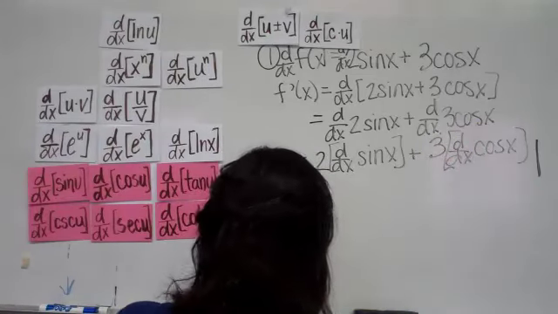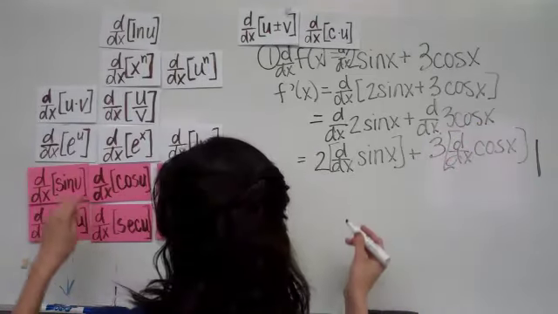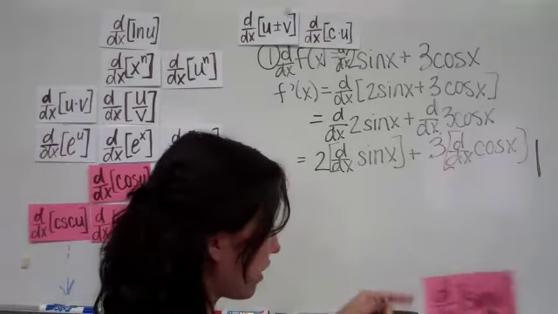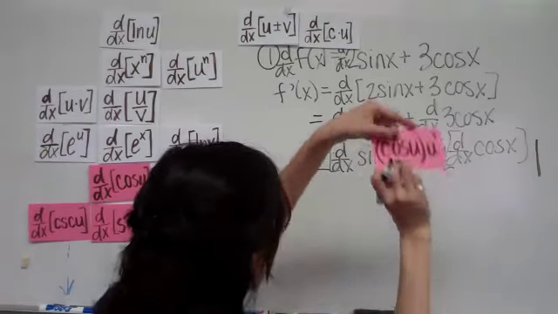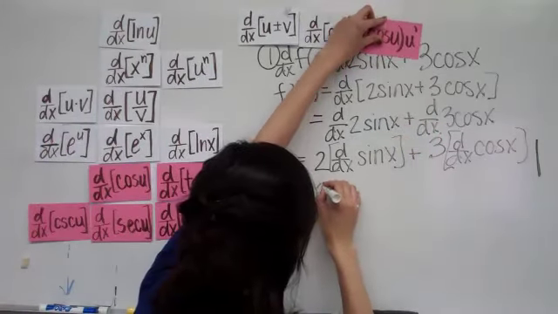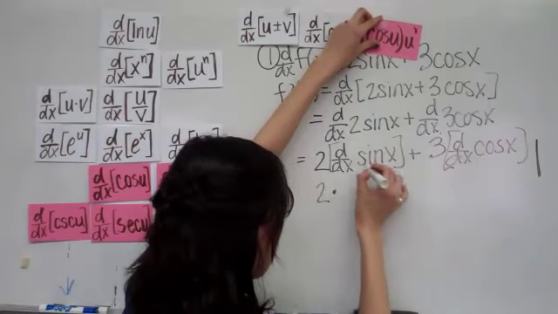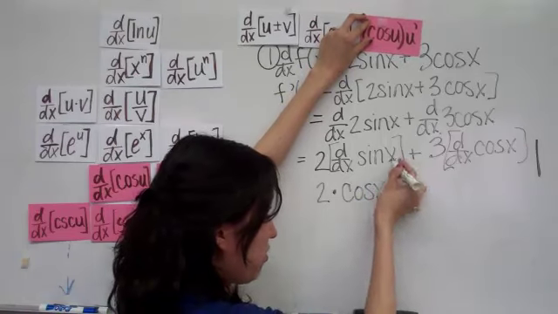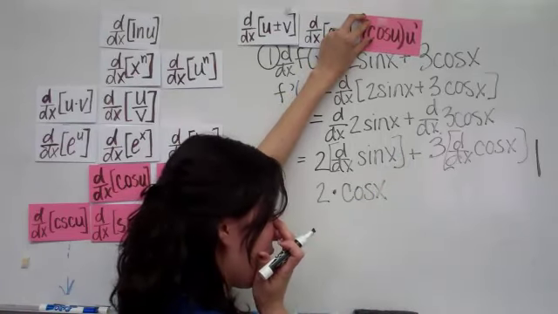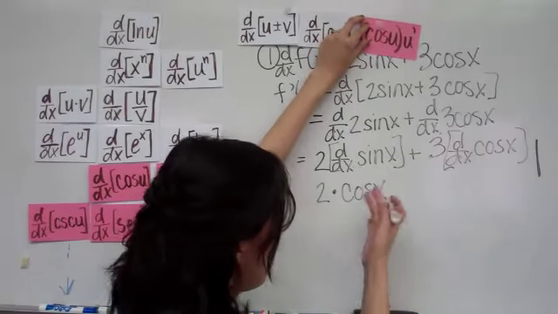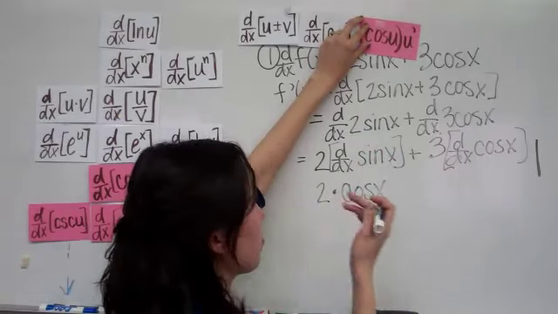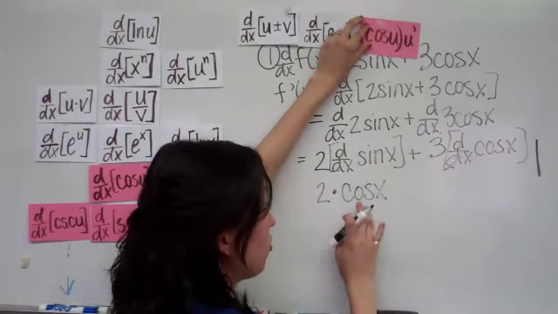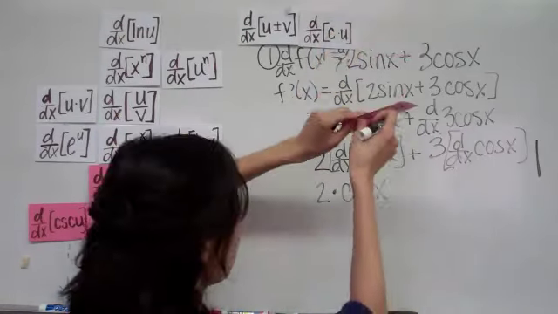So now, at this point, what I can say is I'm using this rule right here. The derivative of sine, you can go ahead and write as 2 times, and then here it's just cosine of x. Okay, no inner function to derive, so we just have to derive sine, which is equal to cosine of x.